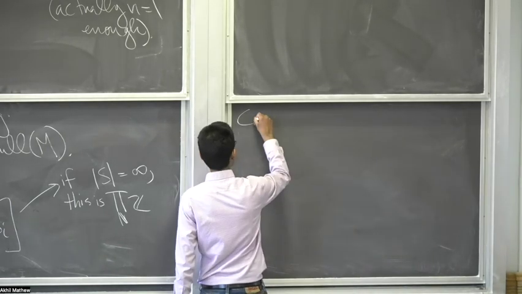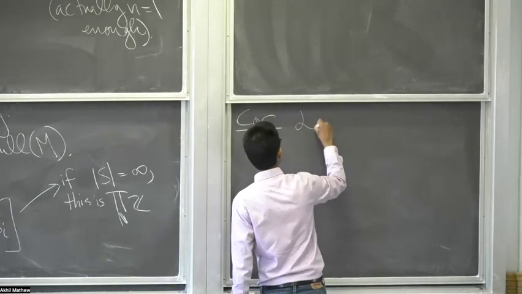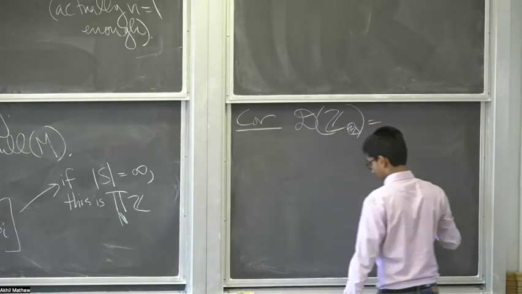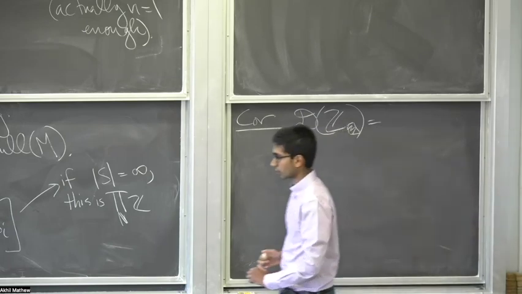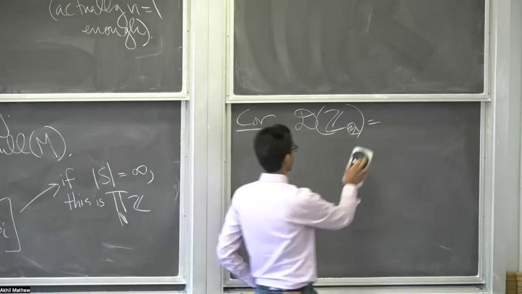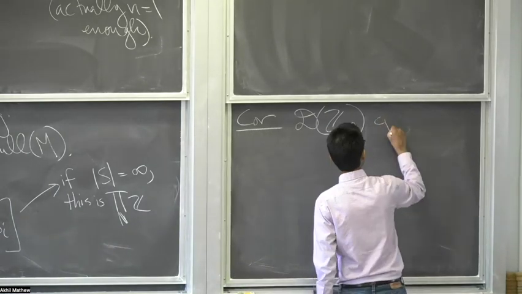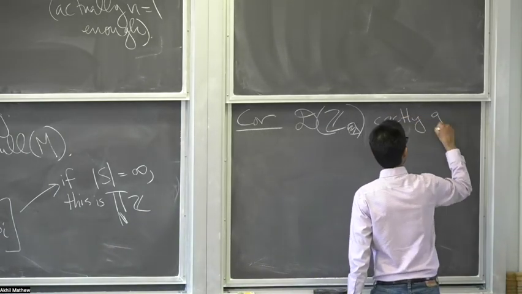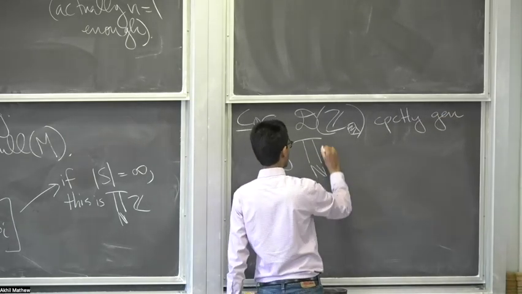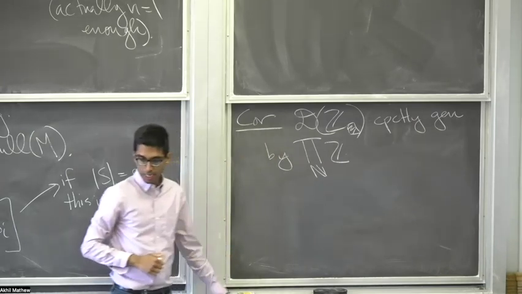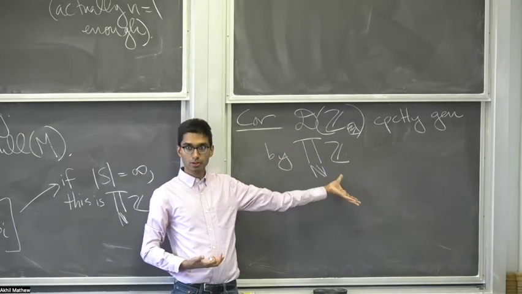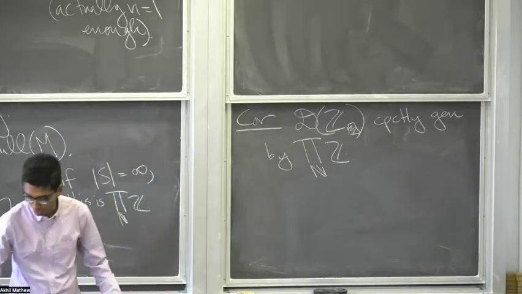So the corollary is that D(Z_solid) is compactly generated by a countable product. And the endomorphisms of this object are the endomorphisms that you expect, and that's this description of D(Z_solid) as a module category.